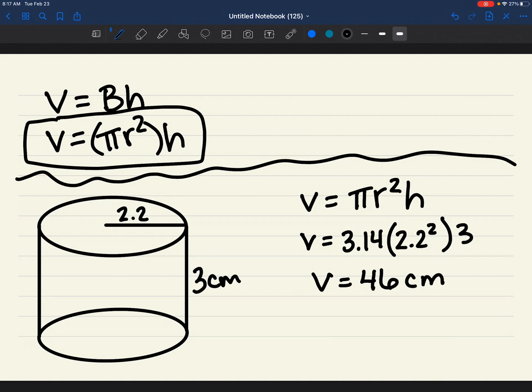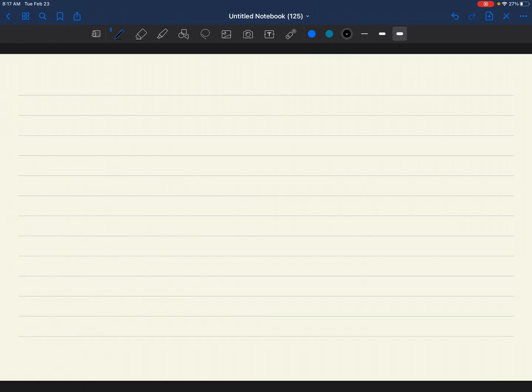Okay, 45.5 would round up to 46 if it asked for the nearest whole number. How would you label it? Centimeters squared. What did we do yesterday on everything for volume? Cubed. When do you square it? When it asks you to find just area. Volume is cubed.